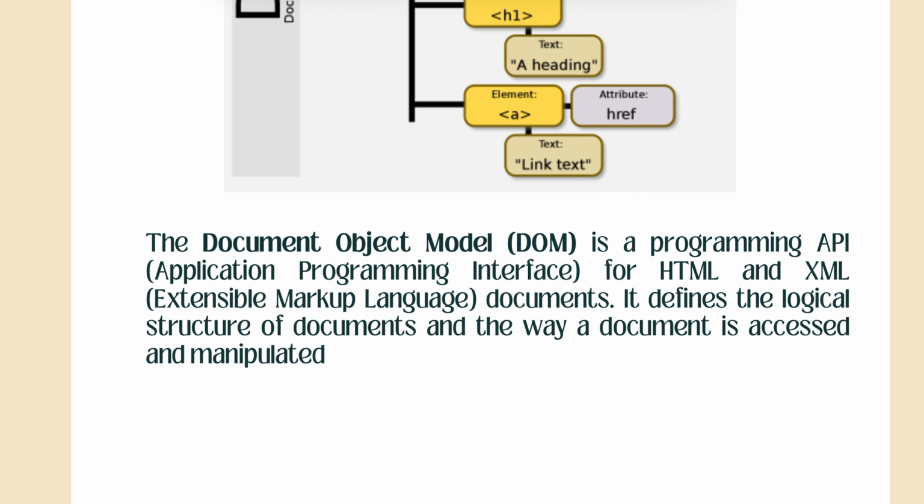The document object model is a tree diagram that shows how all the parts of the HTML web page are connected.